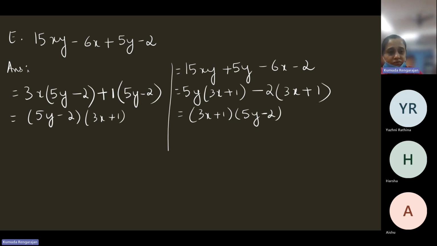In the first method, we have taken the terms as they appear in the question. We did not change the terms.